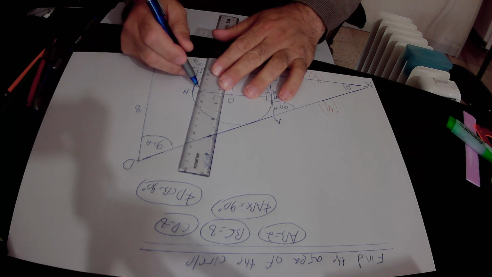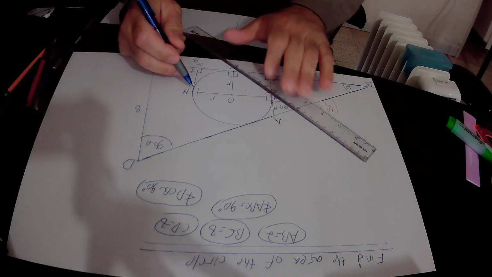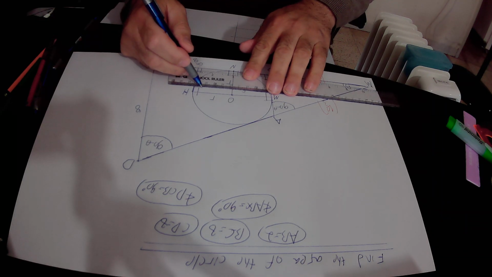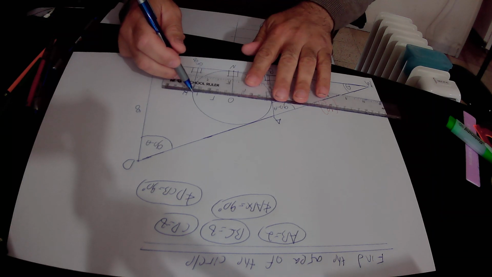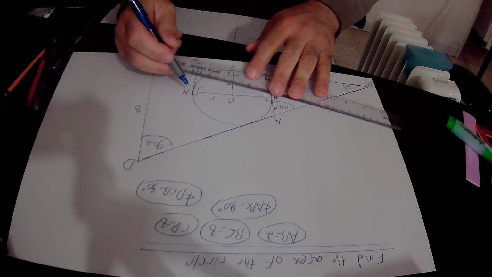So that is to say, this angle equals 90 degrees. The other angle will also be equal to 90 degrees.